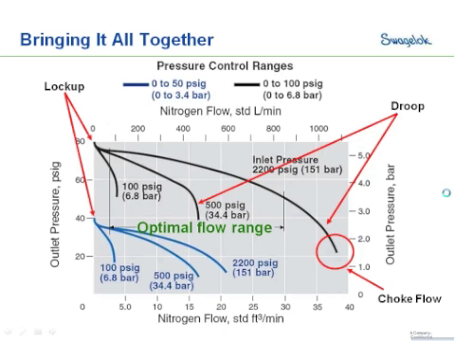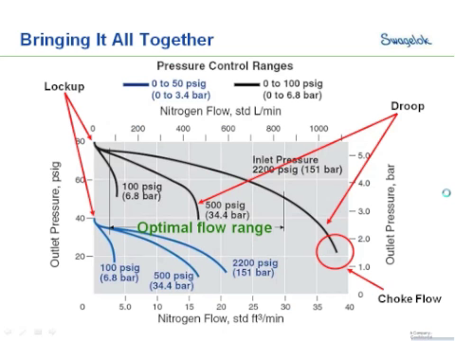You're going to have very erratic pressure and flow readings when you're operating towards the lockup area. Alternately, if you're operating the regulator beyond the optimal flow range, you're going to be way out and close to your choke flow point. So the regulator is not going to be doing a whole lot of work. It's going to be more open than closed, and it's going to be acting as more of a restrictor in the system and less as a pressure regulator. Good question.